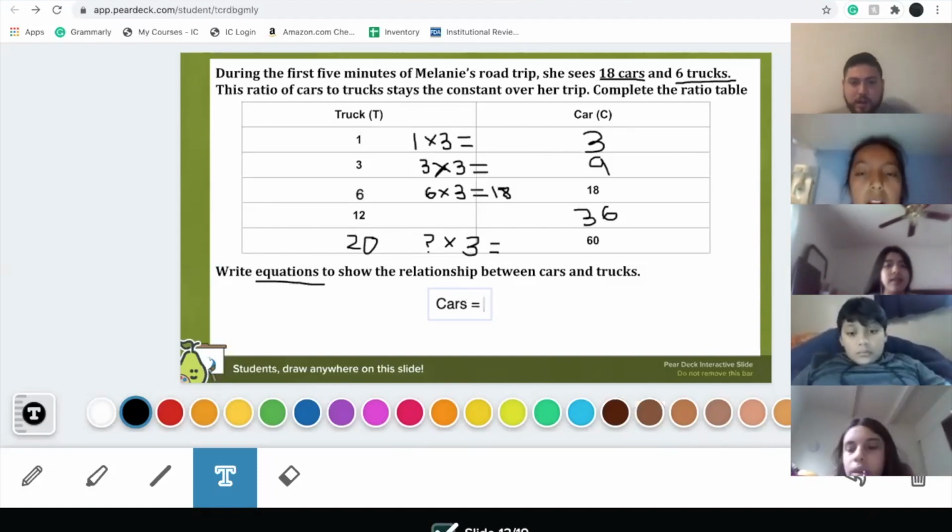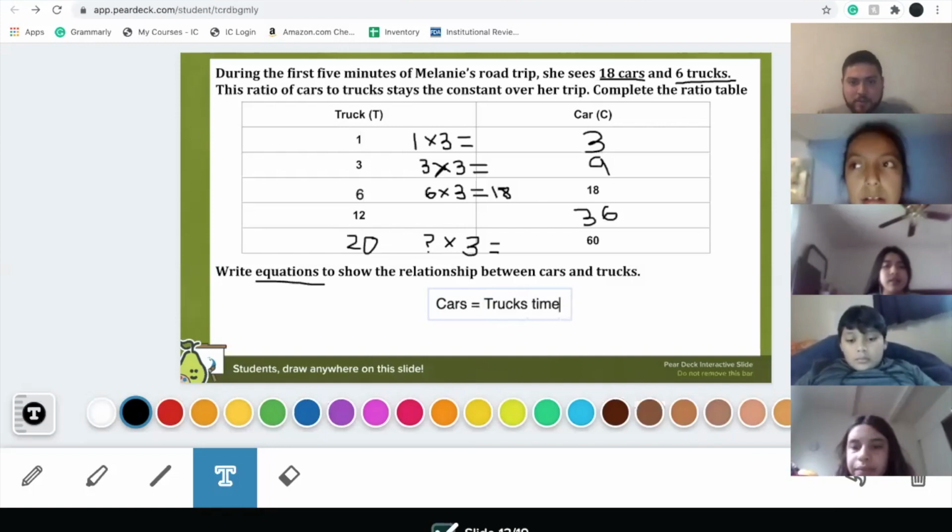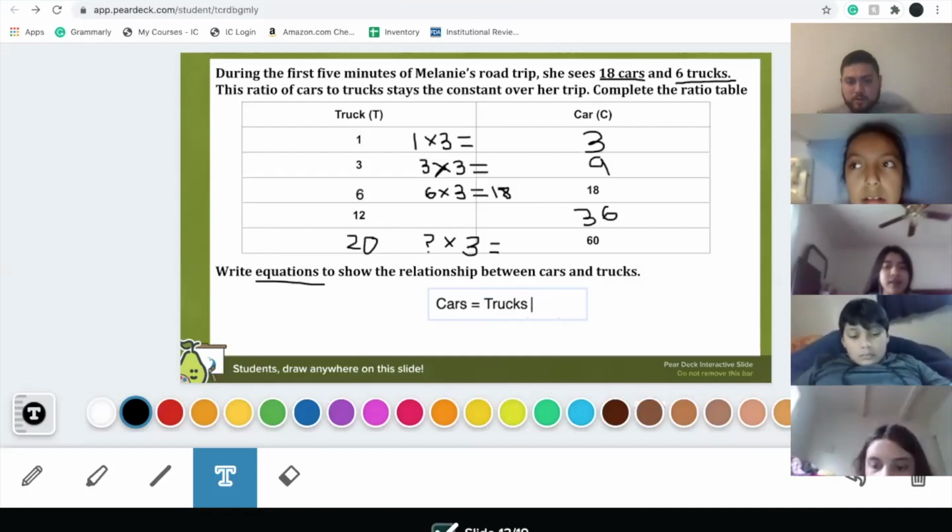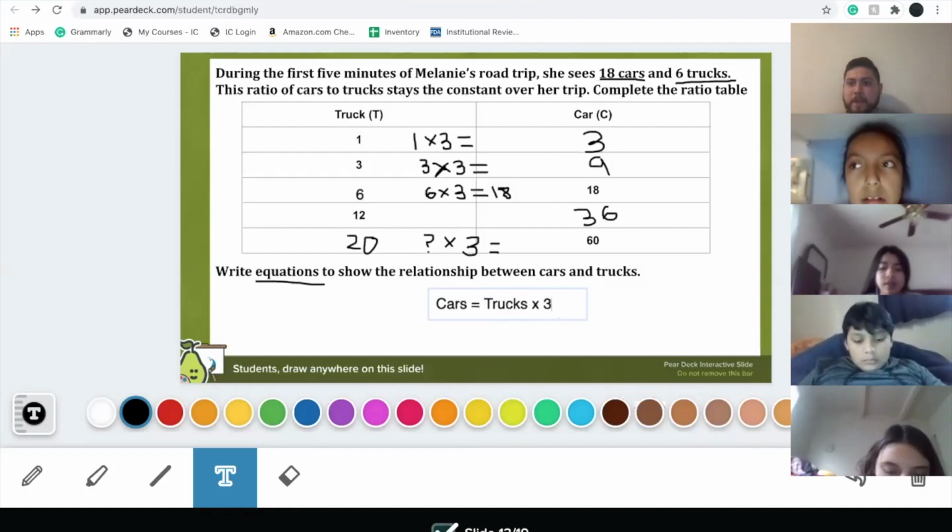Yeah. So the cars are the trucks times 3. If I just need to put it backwards, like 1 times 3, it's the trucks times 3. Right? And then for the trucks is equal to the opposite of that.